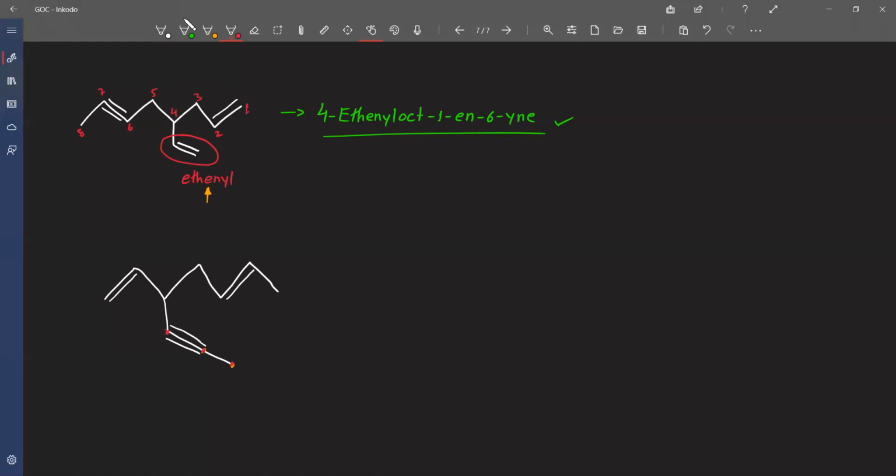Do you think the main chain is 1, 2, 3, 4, 5, 6, 7? Right? This is your main chain.